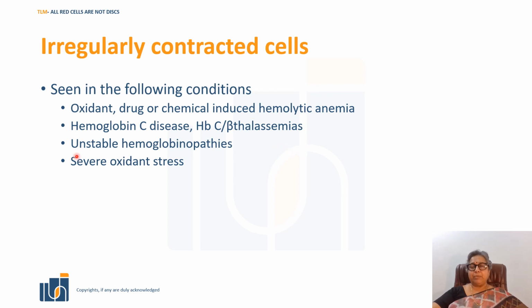Hemoglobin C beta thalassemia, where in the association of any hemoglobinopathy or thalassemia with hemoglobin C, you're going to find irregularly contracted cells, and these are quite pathognomonic and diagnostic of hemoglobin C disorder. Then, like I said, in unstable hemoglobinopathies and severe oxidant stress, you will be able to see these irregularly contracted cells. So it's important that you're aware of them so that you can diagnose them.